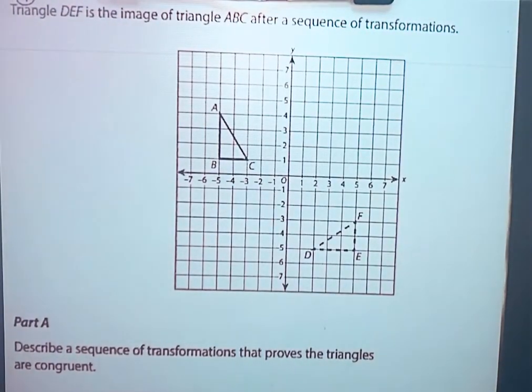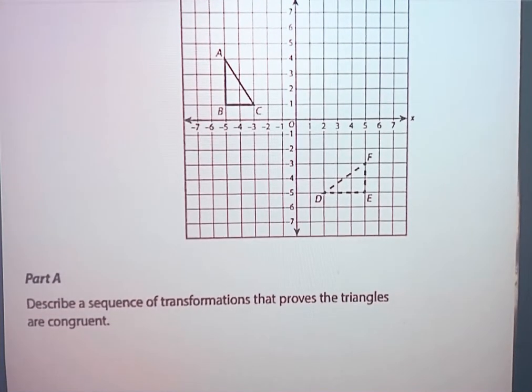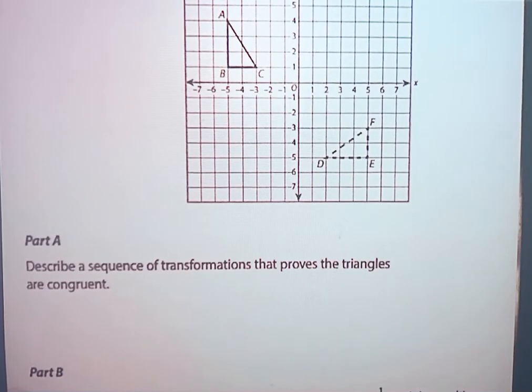Triangle DEF is the image of triangle ABC after a sequence of transformations. So again, we have the word sequence of transformations. It says, describe a sequence of transformations that proves the triangles are congruent. Well, first of all, if the triangles are congruent, you have 3 options.